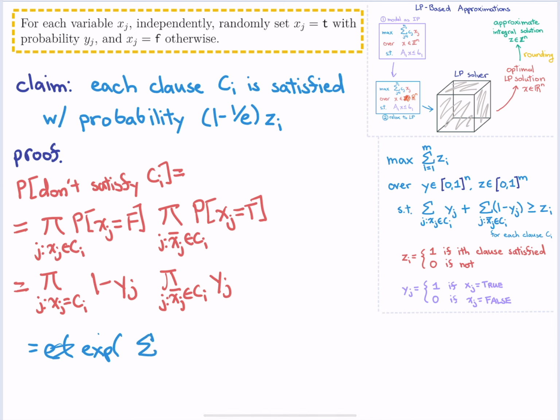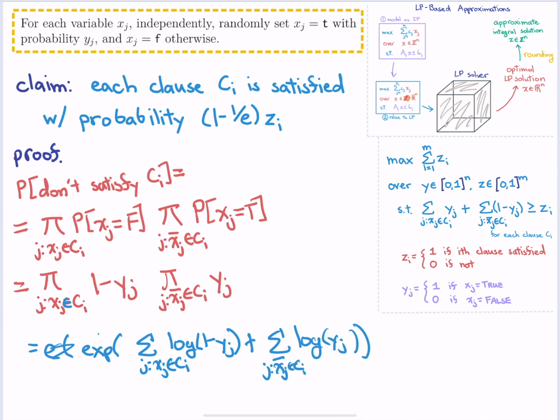So you're summing over all these j's where xj is in the clause, of log of 1 minus yj, plus summing over all the things where negation appears, log of yj. That's good because now in the exponent I'm looking at a sum, which is great. I like sums, but I am also looking at a sum of logs, and I don't know what to do with that. The log of yj doesn't have as much meaning for us either.